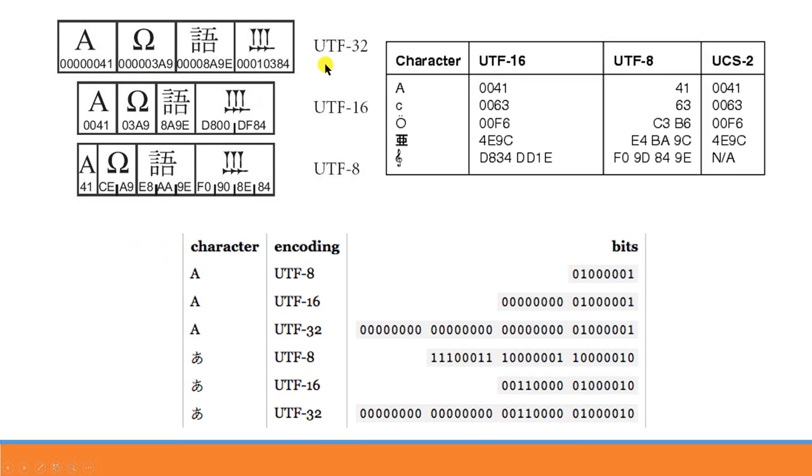And Unicode has different variants. For example, UTF-8, UTF-16, UTF-32. UTF-8 is widely used in HTML page files. And as you can see, in UTF-8, a single byte of ASCII code is used for Latin letters.